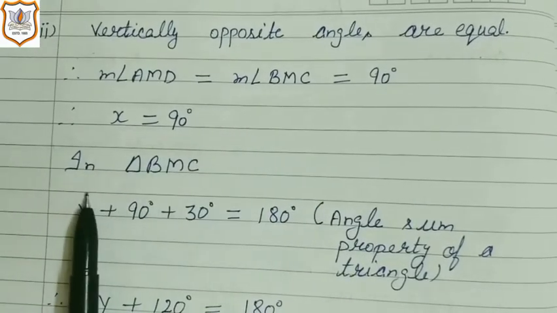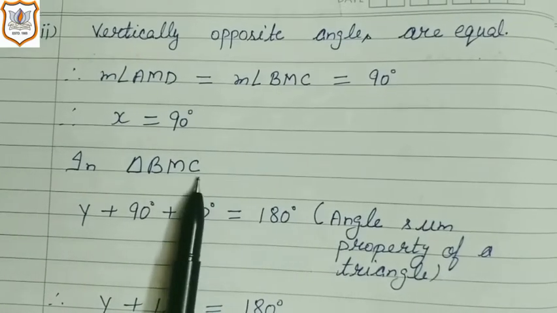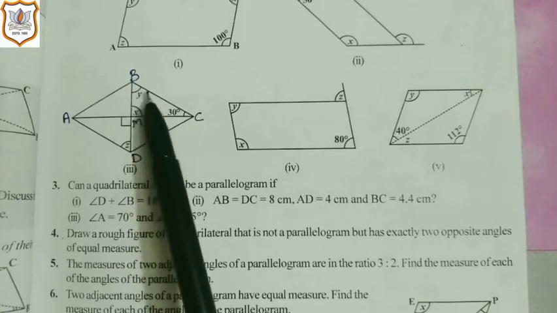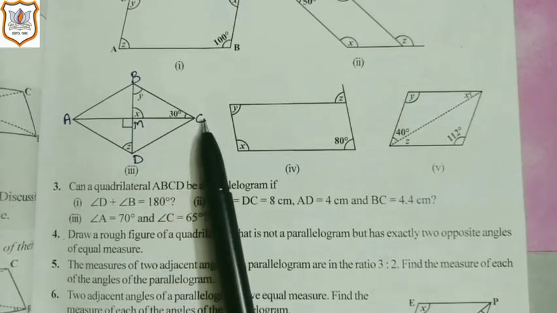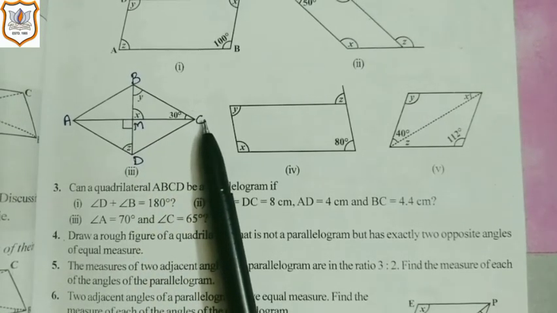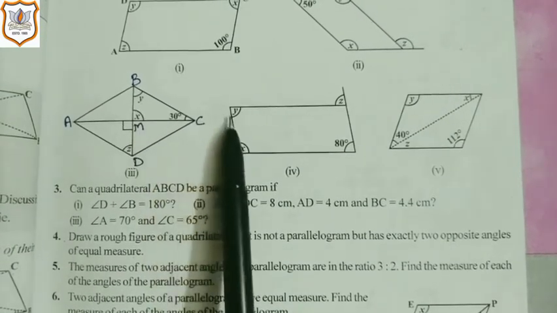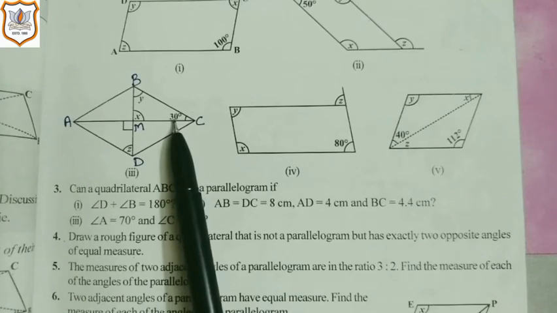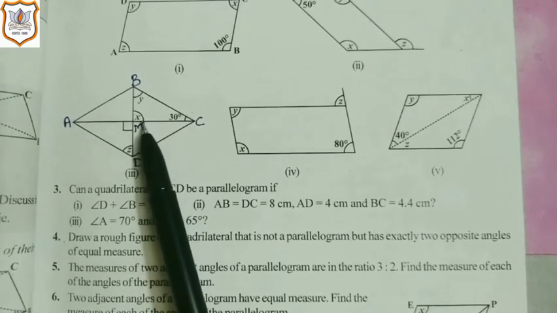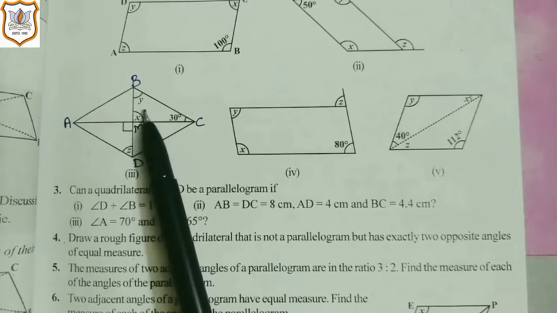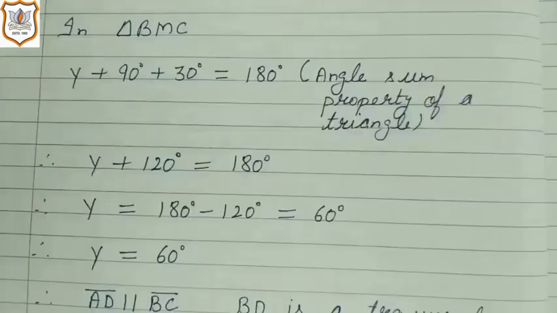Now, in triangle BMC, look at the figure. In triangle BMC, we use the angle sum property and we can find the value of y because angle C is given 30 degrees and angle x we get 90 degrees.